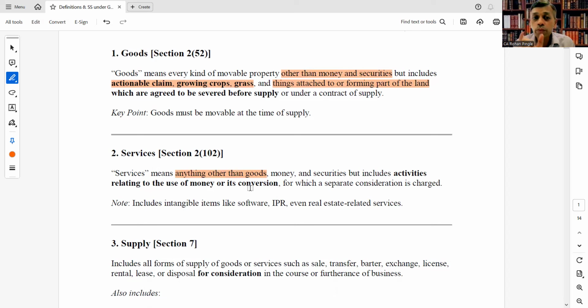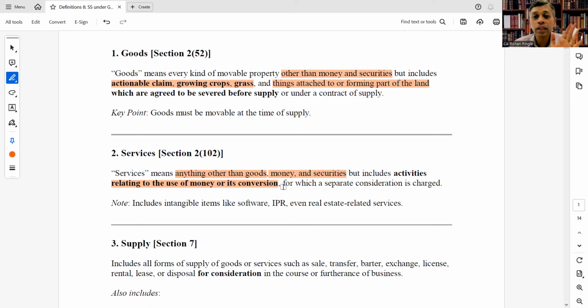So services means anything other than goods, money, and securities, but includes activities relating to the use of money or its conversion. Means other than goods, money, and securities are services.